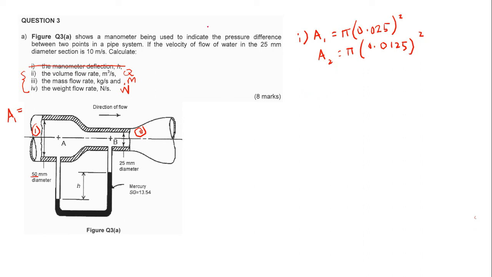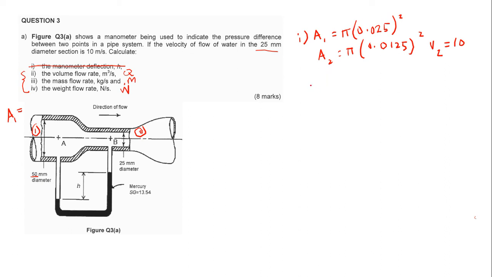What else do you have? The velocity. Which velocity? V2, because they said the velocity of water in the 25 mm diameter section, so what you have is V2, which is 10. That's all.